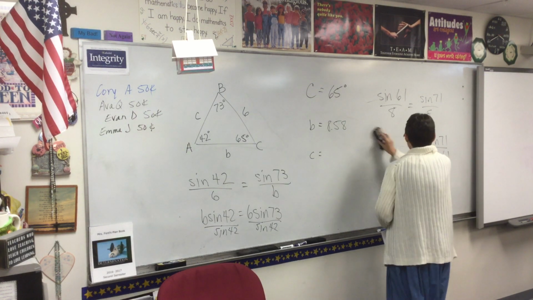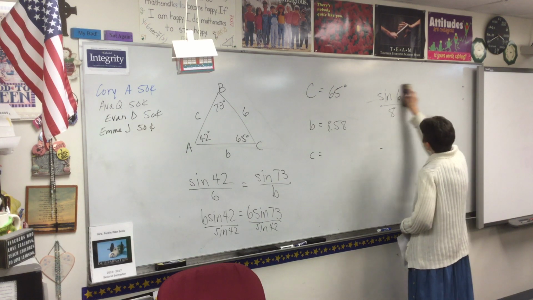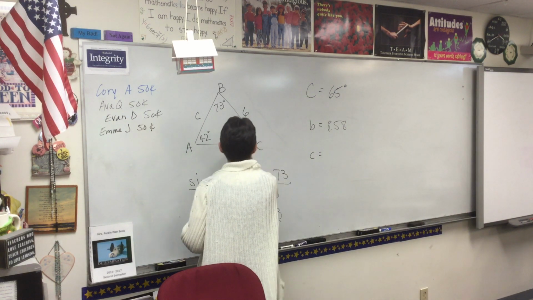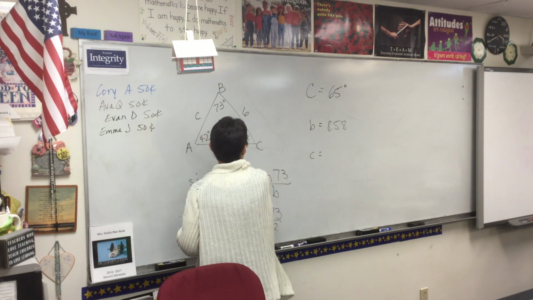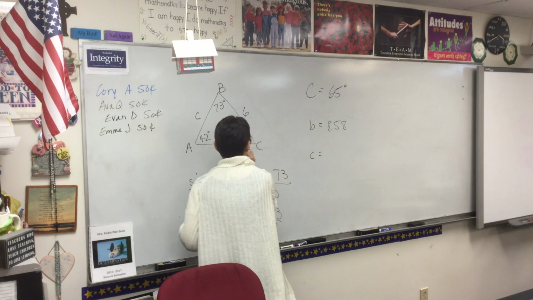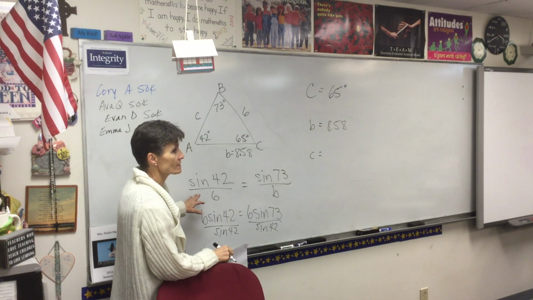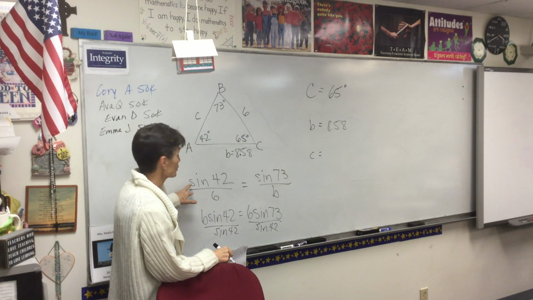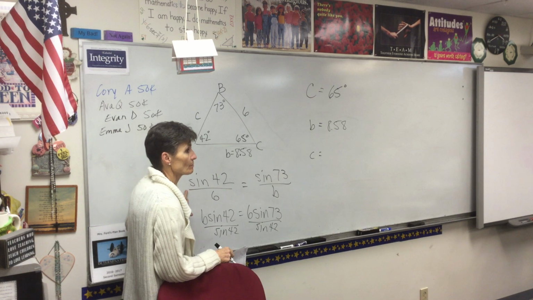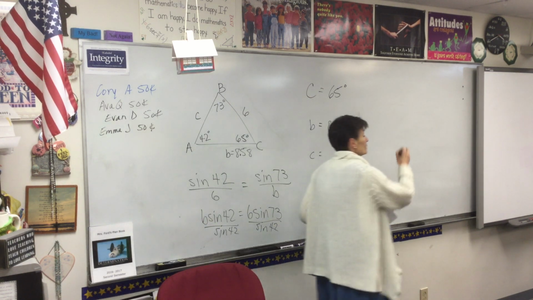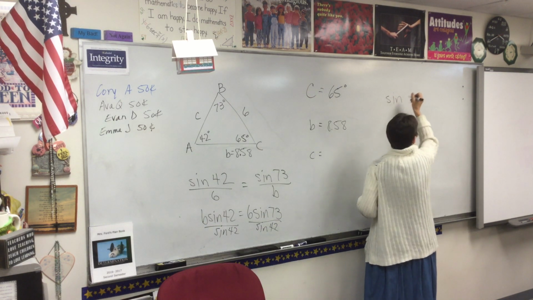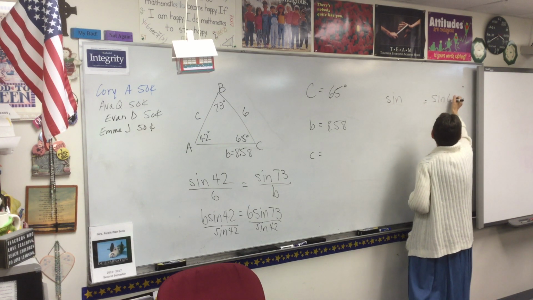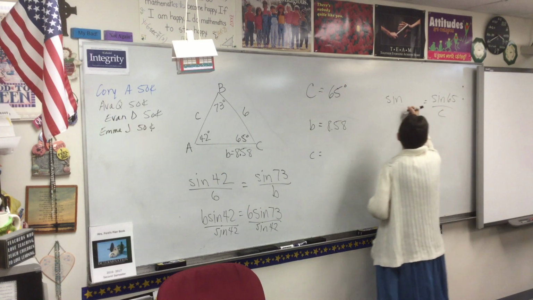Okay, one more. Chase Stewart, can you set up my law of sines equation that's going to help me find side C? It's going to start just like this one. So it's going to start with sine 65 over C, and what's that going to equal?